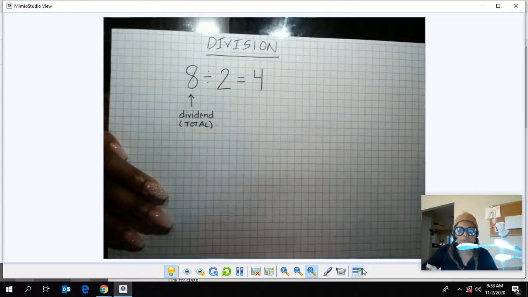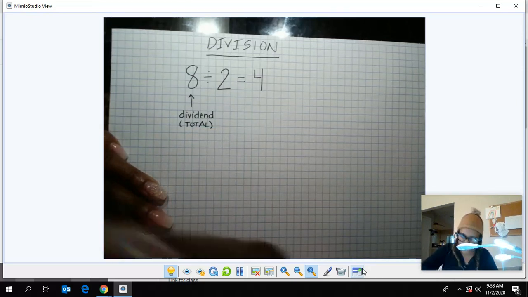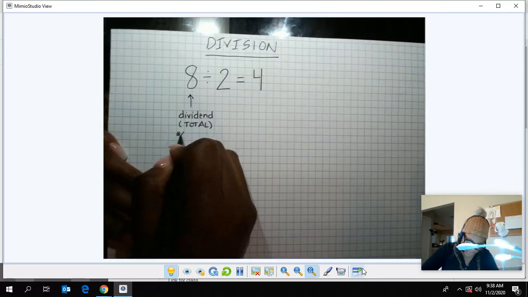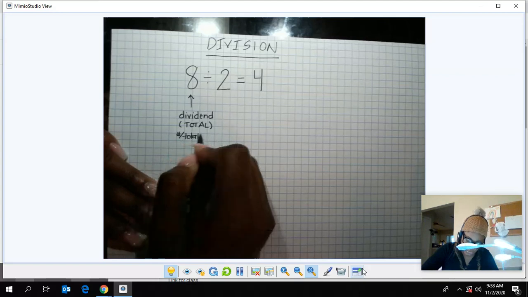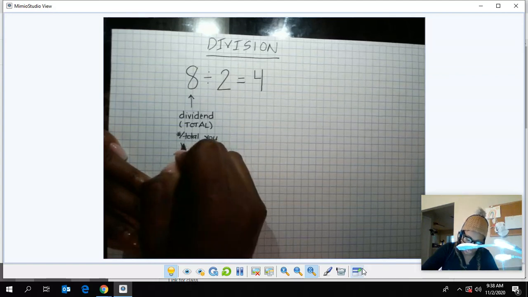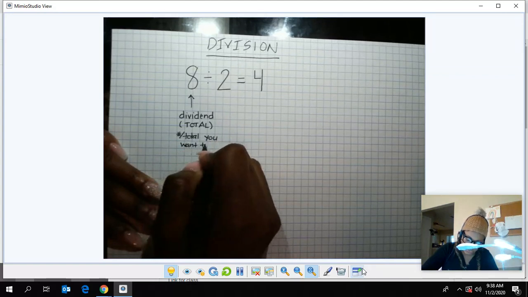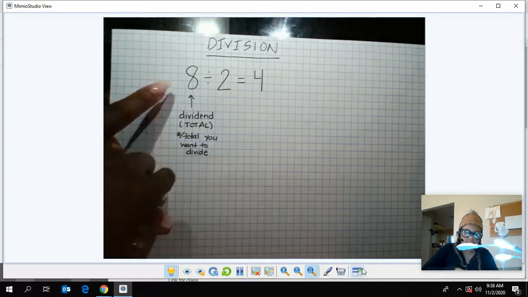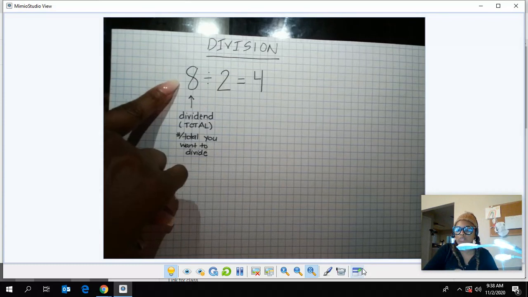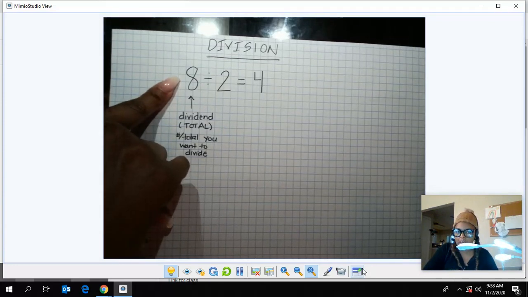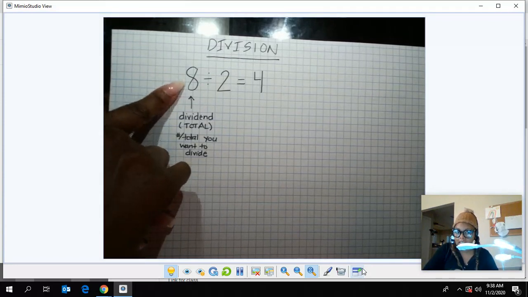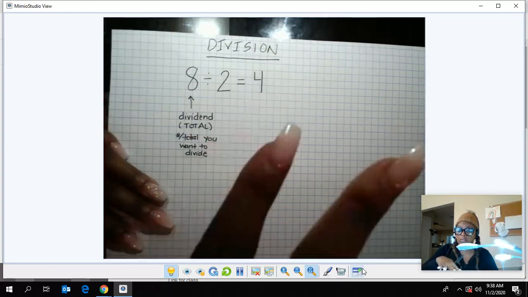Well, the total of what, right? It's the total number you want to divide. This is what you want to partition, okay? The 8, and I'll show you what that looks like.